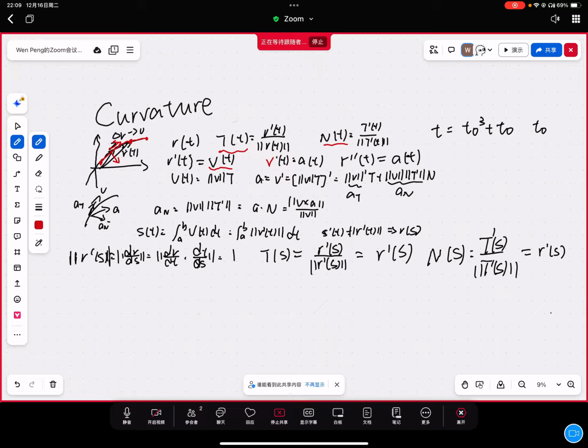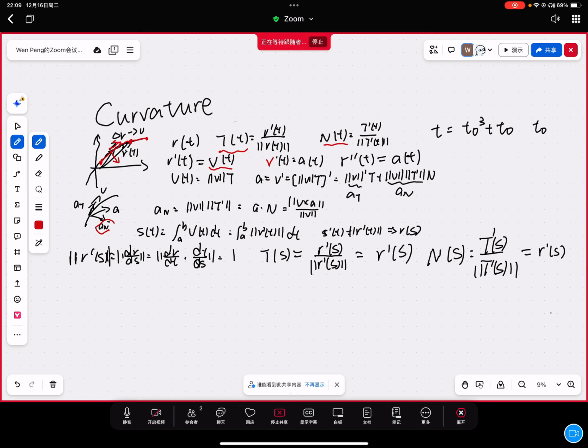That's the problem. We have to find something that is easy to measure in order to investigate how sharp the particle turns. And when we talk about how sharp the particle turns, we're actually trying to find the normal vector that is perpendicular to the tangent vector, or the direction that it's going.